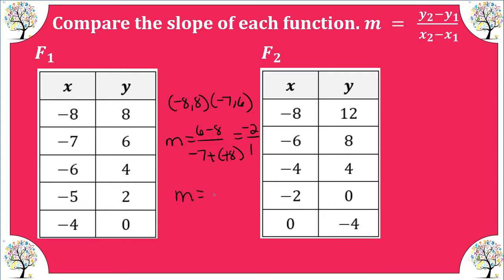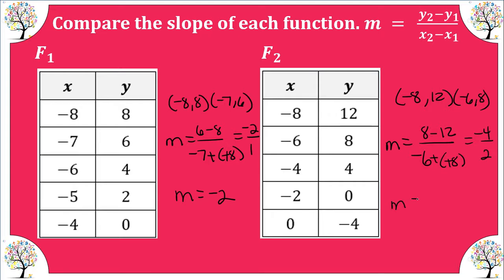So my slope is -2. In this example, -8, 12 and -6, 8. My slope is 8 minus 12 over -6 minus -8. I get -4 over 2, and my slope is -2. So function 1 slope is equal to the slope of function 2.